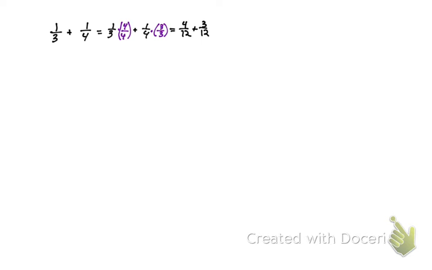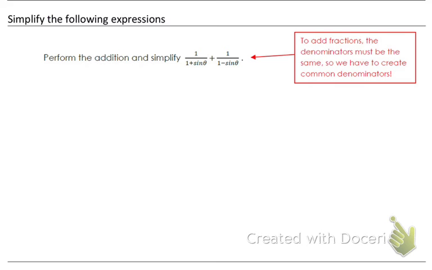And lo and behold, I have a common denominator. Does it always work for fractions? No. I mean, it always works for fractions. It might not always be the easiest way. But we can always count on the fact that if I multiply by the other denominator, I will create a common denominator. So now we go back here. I have 1 over 1 plus sine theta. Even though it looks complicated, I'm going to multiply the entire thing by the other denominator, which is going to look something like this.